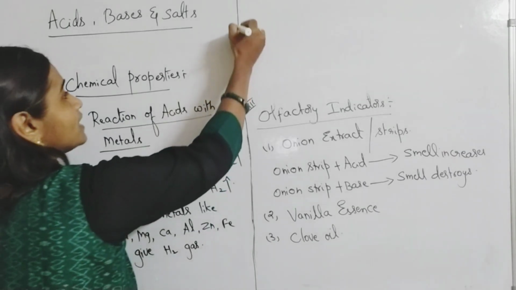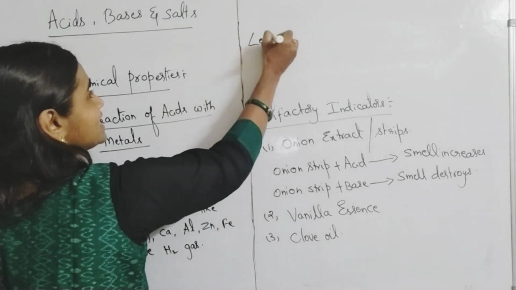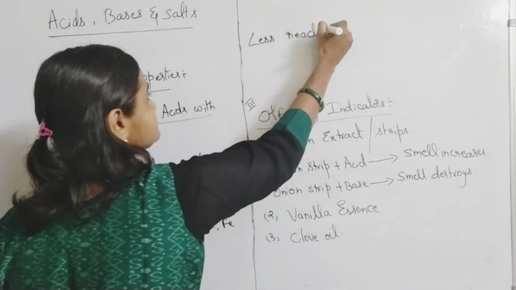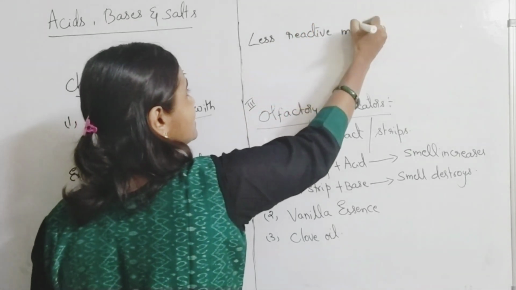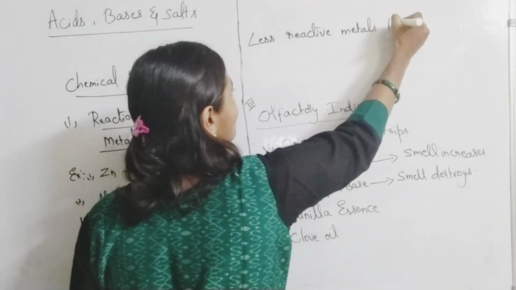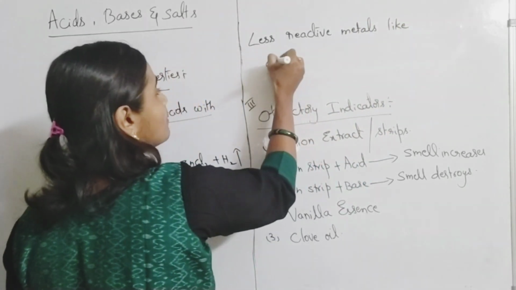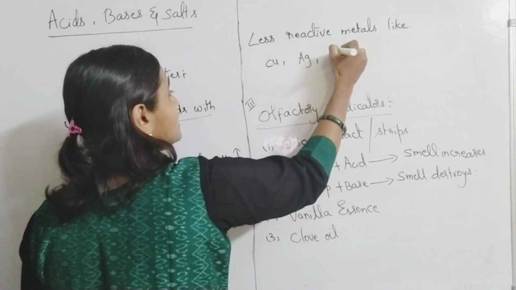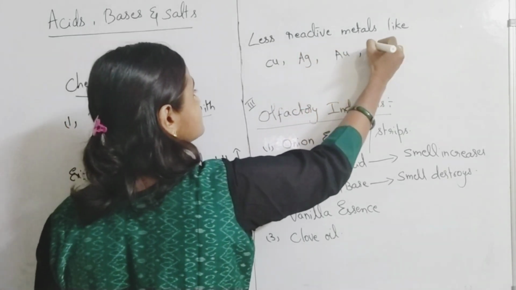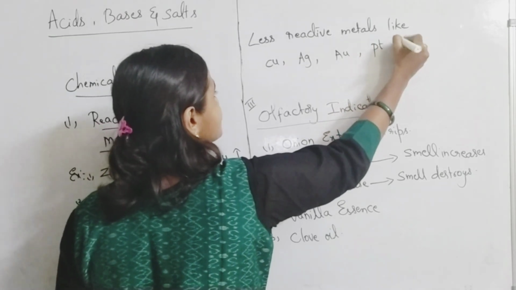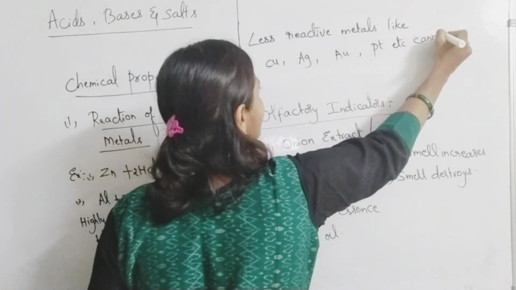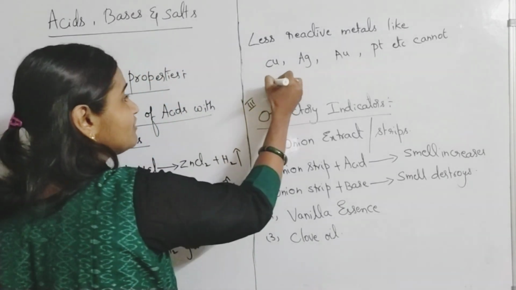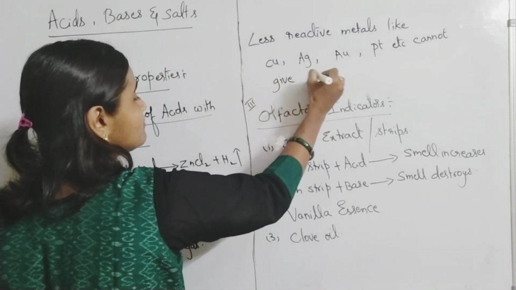Take this as a note point: less reactive metals like copper, Ag silver, Au gold, platinum, etc. cannot give hydrogen gas when dissolved in acids.